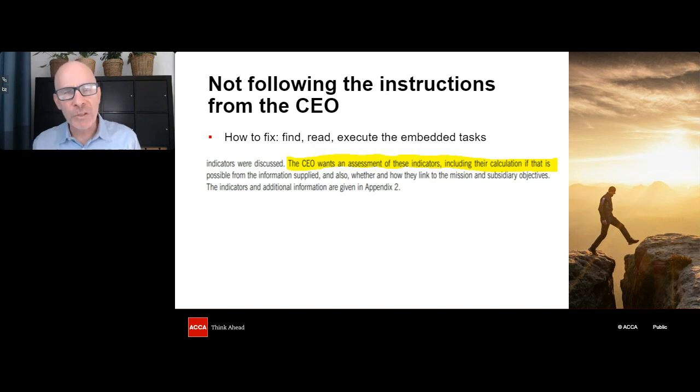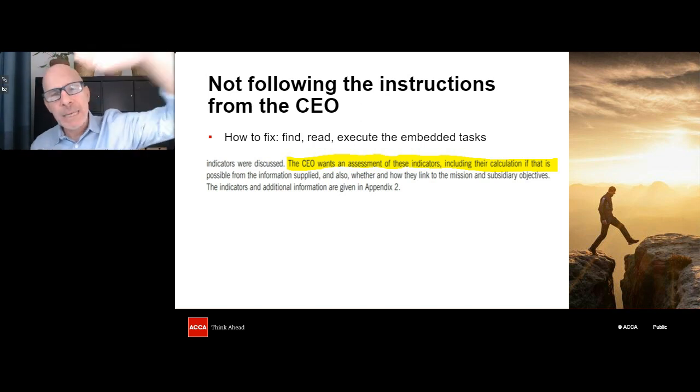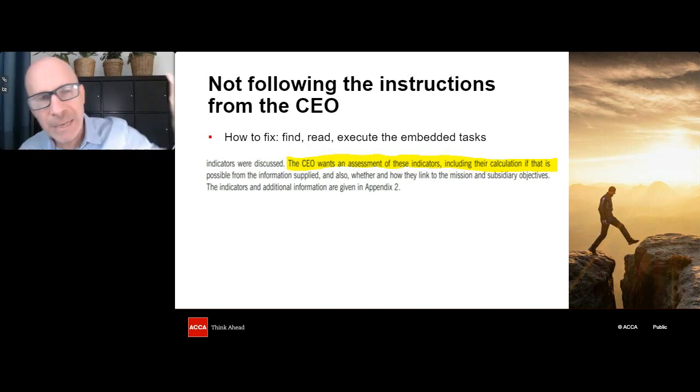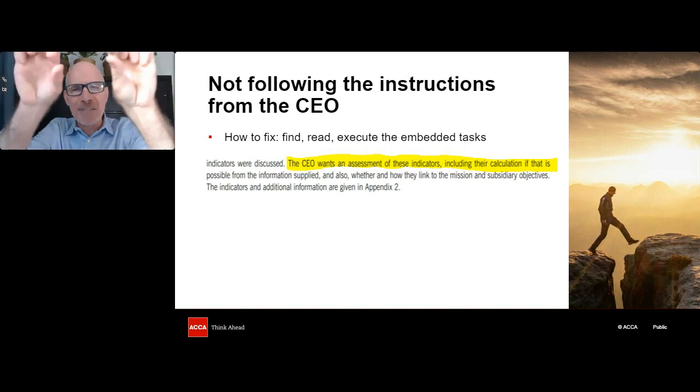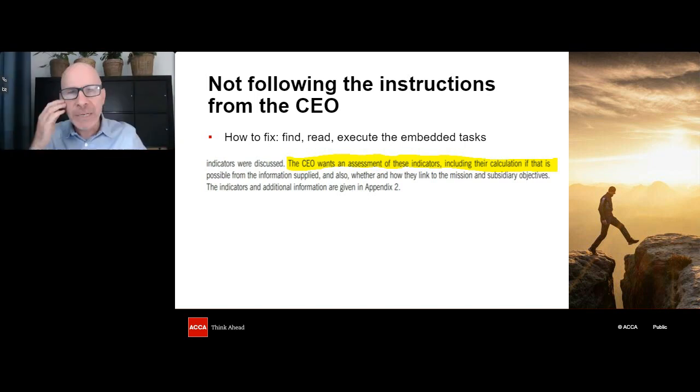So what I would do, I would copy all of those metrics in, assessment, and then I would put link to mission as a subheading. I'd copy it under each, and I'd say, yes, it's well linked, no, it's badly linked. I would answer the question that is asked.